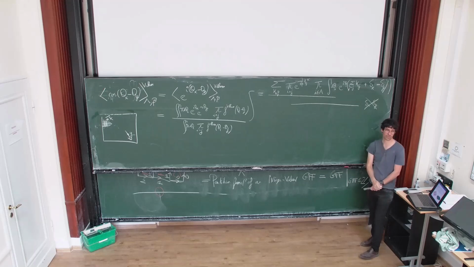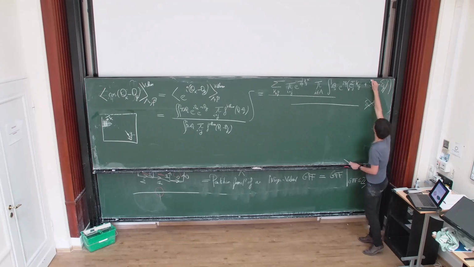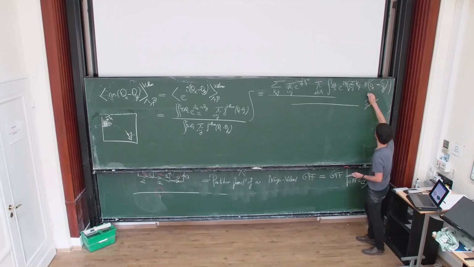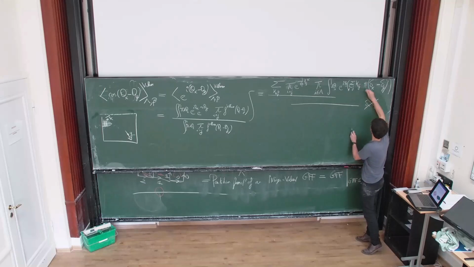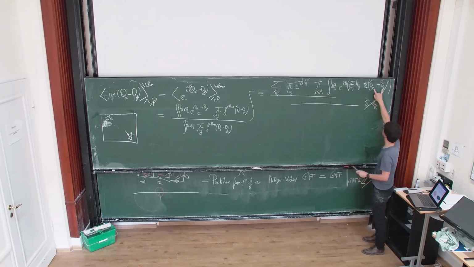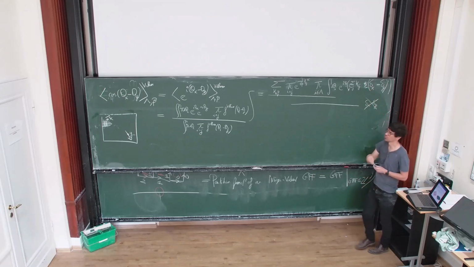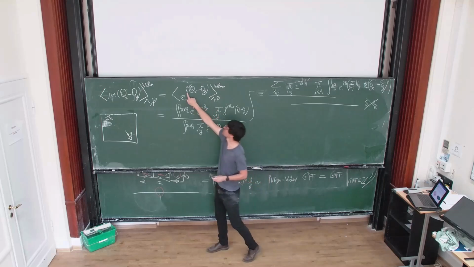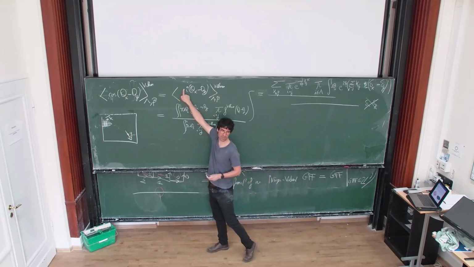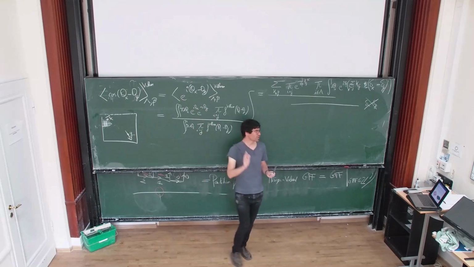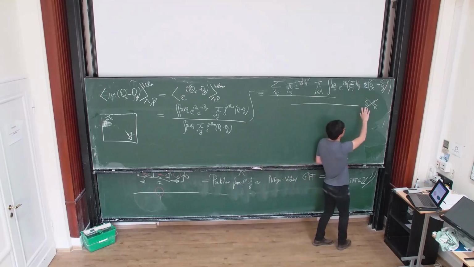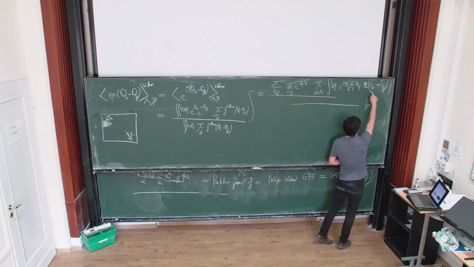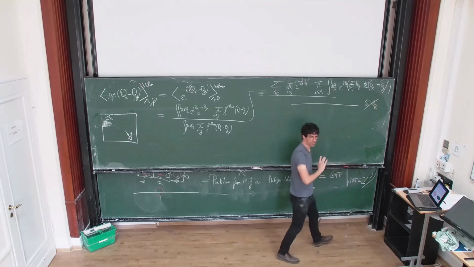This is the partition function that I had before. Here is a small trick which is very useful when you are, like me, often confused with orientation. You can always think of this modulo plus or minus 1. Why? Because this would also be correct with a minus that you have here. So you don't need to be too careful with whether you have plus or minus. You have to be careful with the fact that the sign of this is minus the sign of that. This one is important.